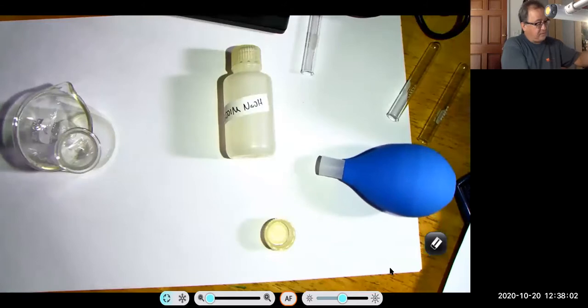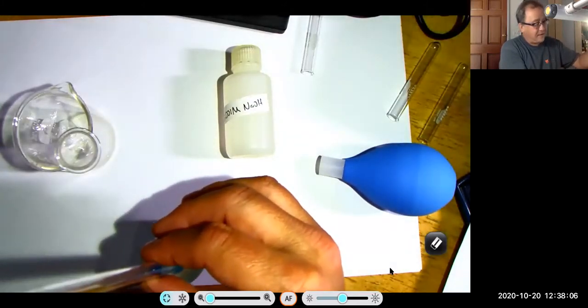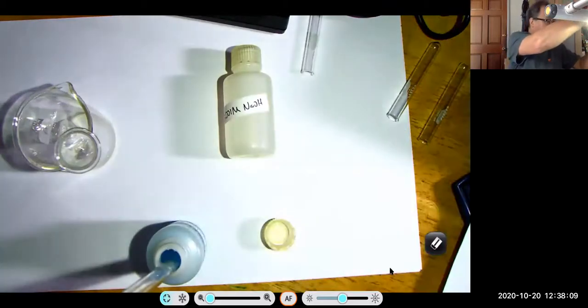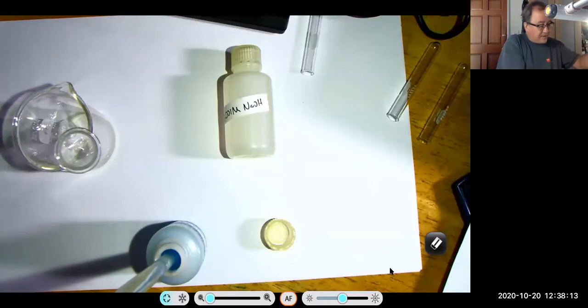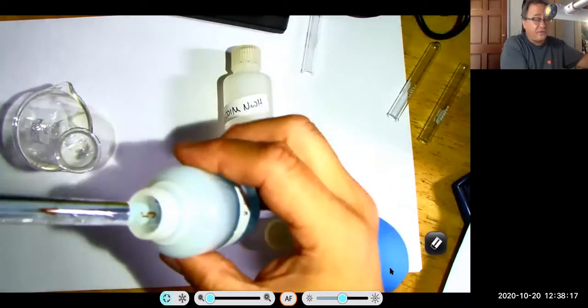Okay, so right now I've got to wet the tip of my finger so I create a better seal with the pipette.